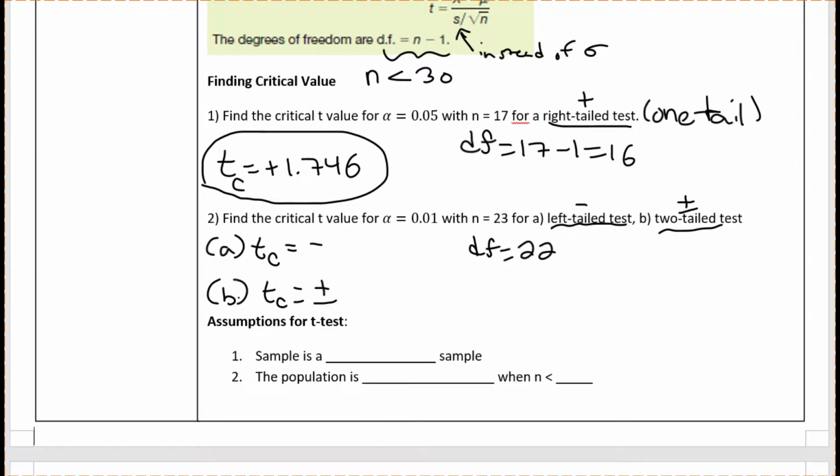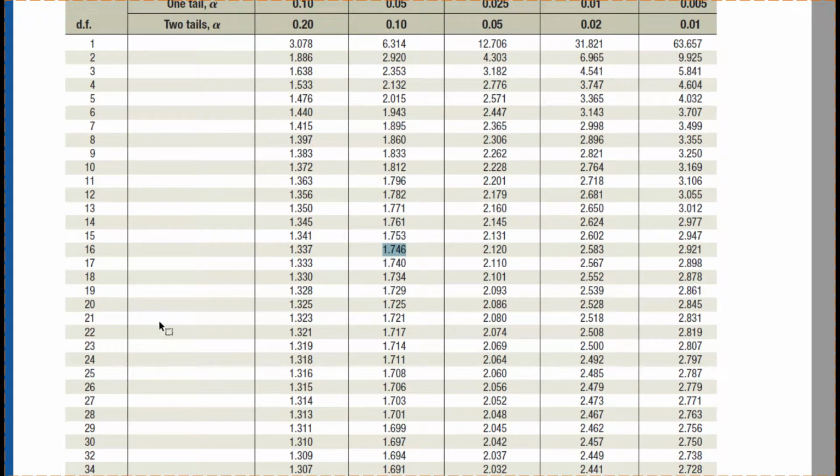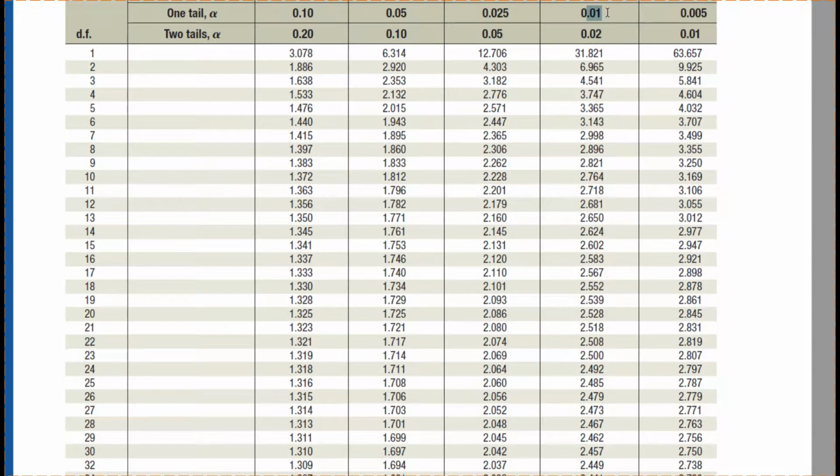All right, 0.01 and 22. So 22, and for an alpha of 0.01, it looks like we have a value of 2.508 for the first one. Then for an alpha of two tails 0.01, we simply have this value over here, 2.819.